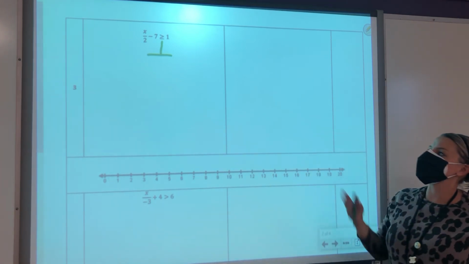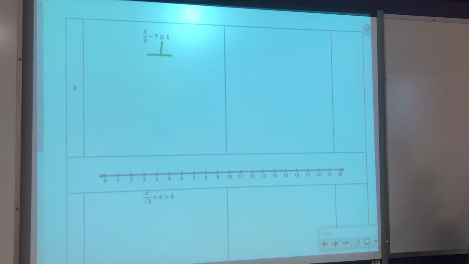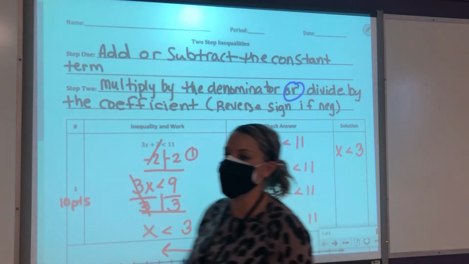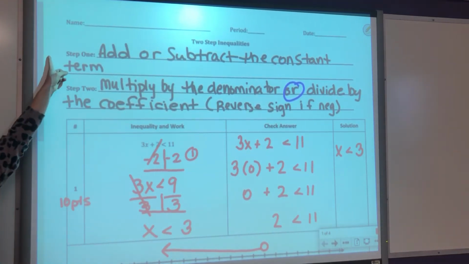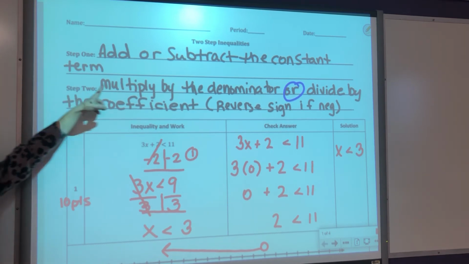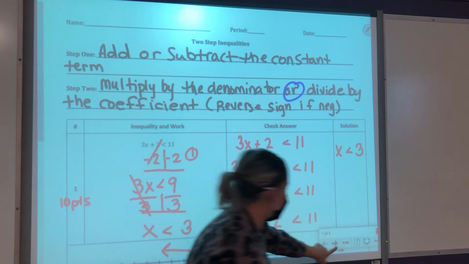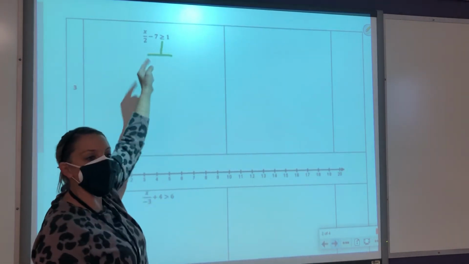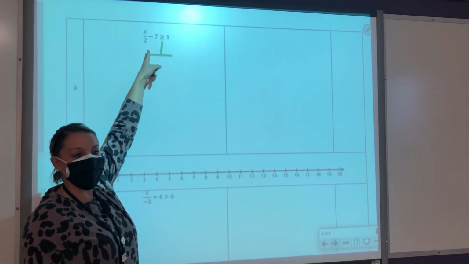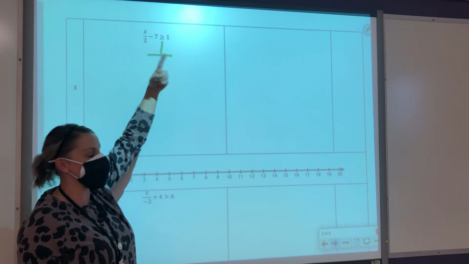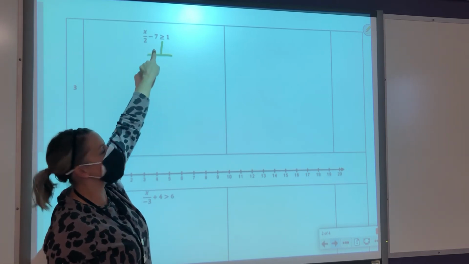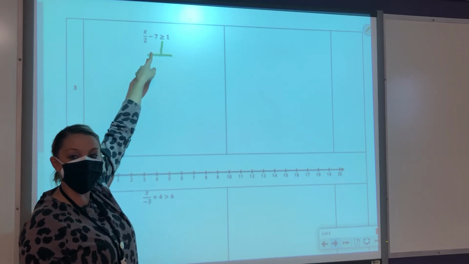All right, so upside down t. Some of y'all said you want me to multiply by 2. No. Why would I not multiply by 2? Because it's a 2-step, so I need to do what first? Add or subtract. So I look at what is being added or subtracted, and I do the opposite, or I do the inverse. 7 is being subtracted, so I need to add.